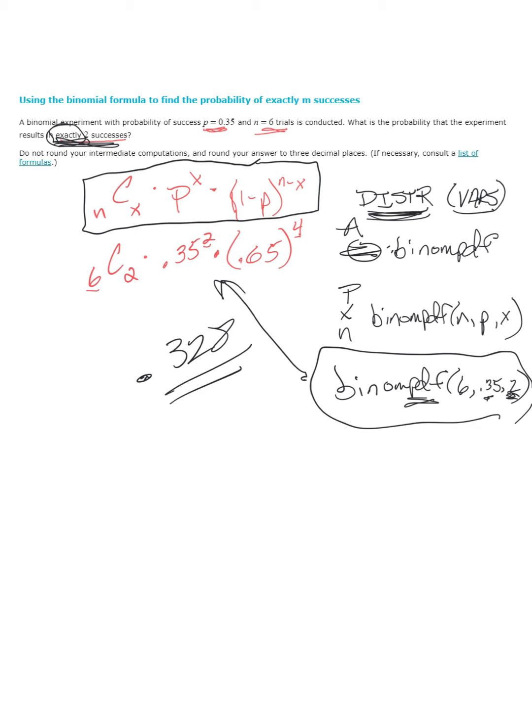All right, let's see how that changes in the next one. So this time we got, again, probability of success is that. Here's my number of trials, but it says what's the probability that the experiment results in more than 7 successes? Okay, so we got to think about this a second.